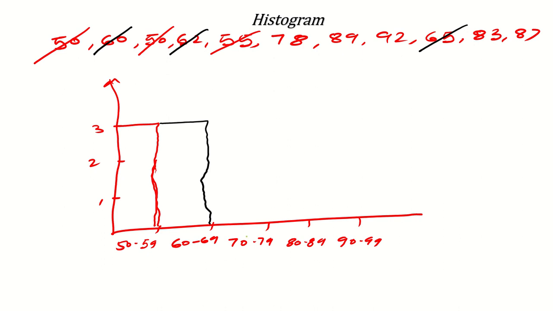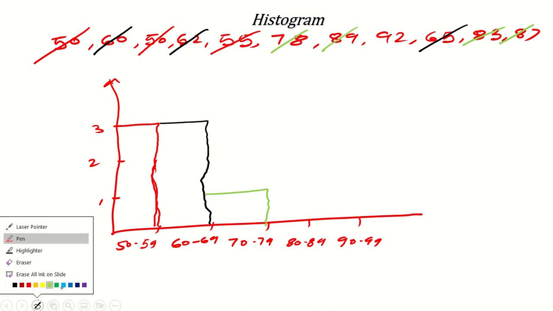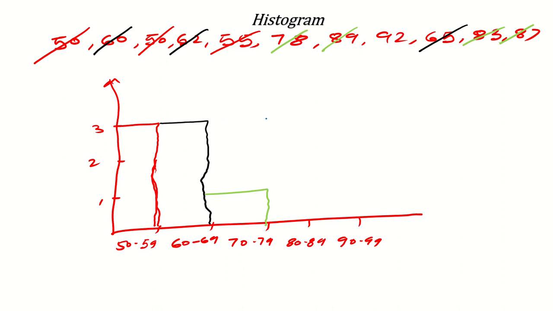Then it will be 70 to 79. How many numbers do we have? Only 1. So it goes up to 1, and the box becomes like this. And then 80 to 89. 1, 2, 3. So again it goes to 3, change the color, like this.